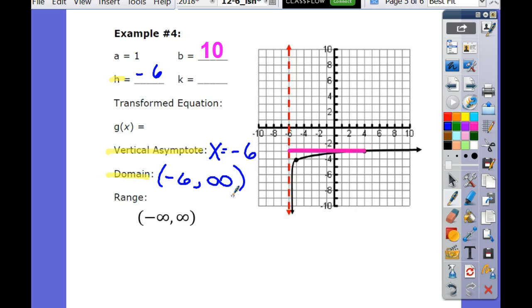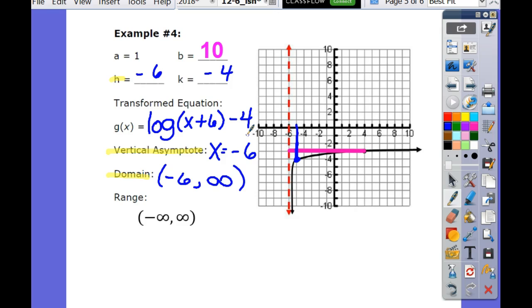The key point is 1, 2, 3, 4 in the negative direction. The key point is right here. The equation is log base 10. But when the base is 10, I don't have to write the base. X plus 6, minus 4.